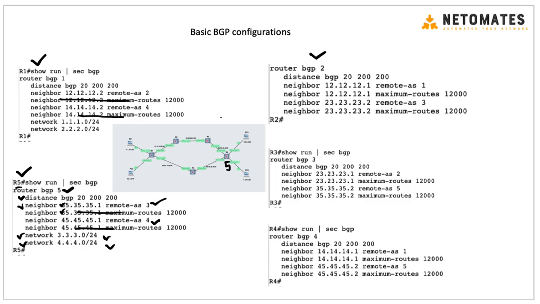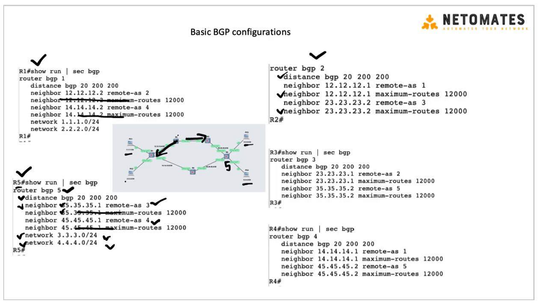Let's look at the R2 configuration. R2 has peering with R1 and R3. So we applied this distance command and then 2 neighbor statements. We didn't add any network commands here because we don't want to advertise any networks from BGP 2. The only networks we want to advertise in this topology are from R1, networks 1 and 2, and from R5, networks 3 and 4.